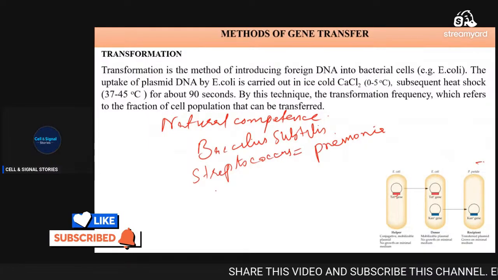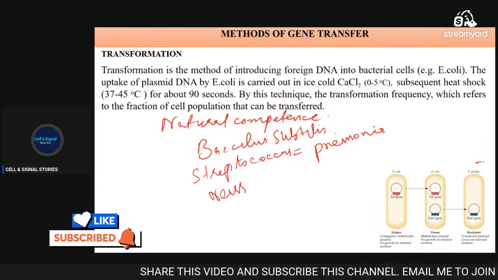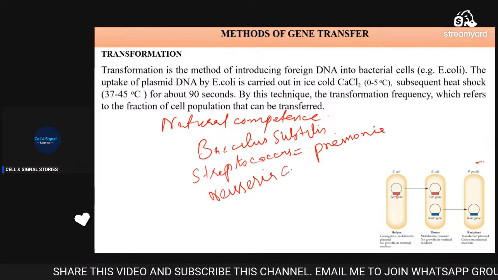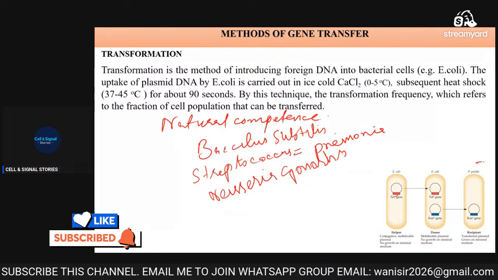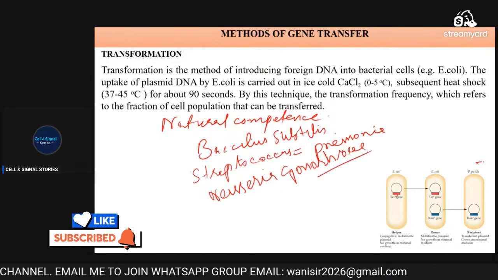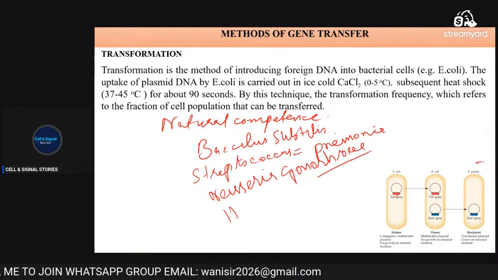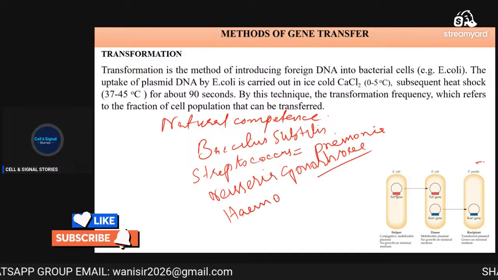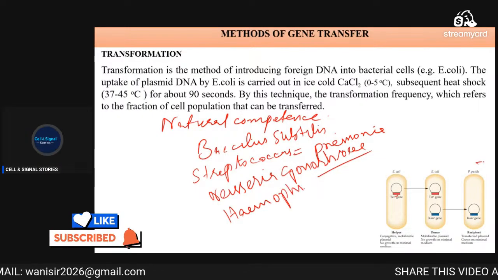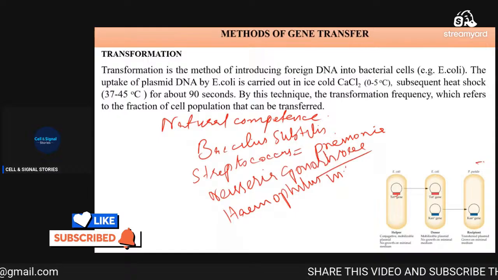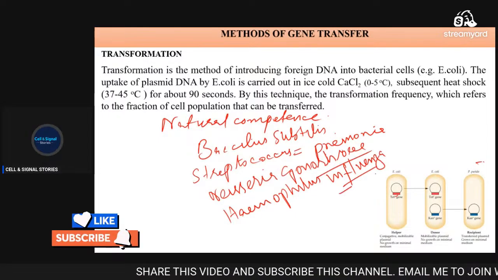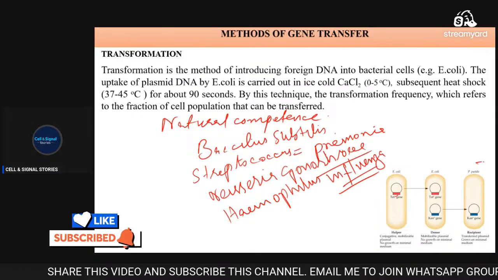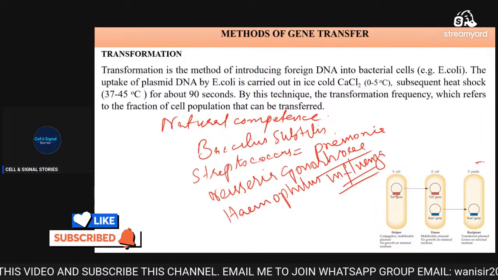Another is Neisseria gonorrhoeae. And another is Haemophilus influenzae. You can note these down. They are the types of bacteria that have natural competence, or genetic competence.